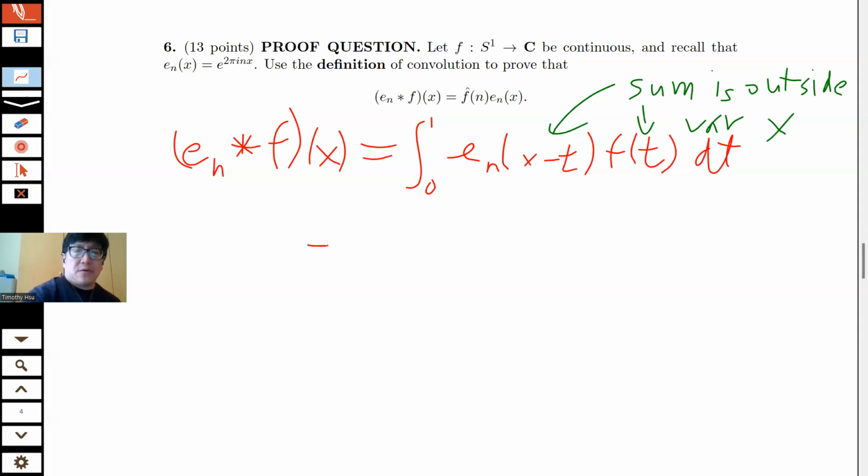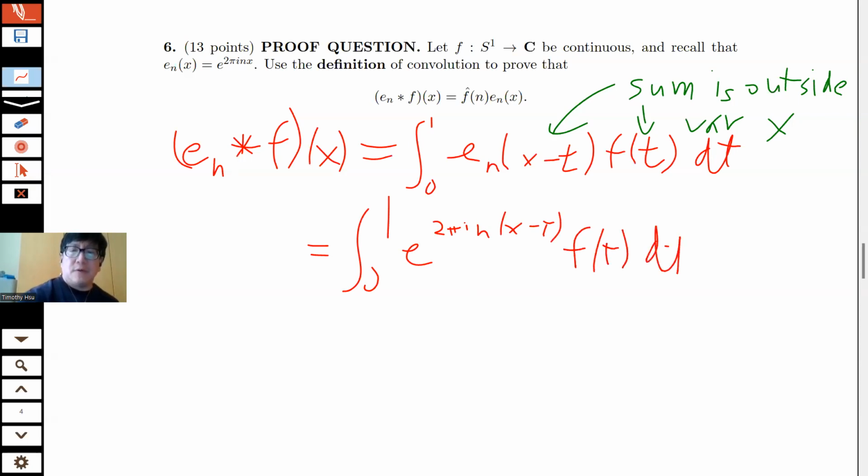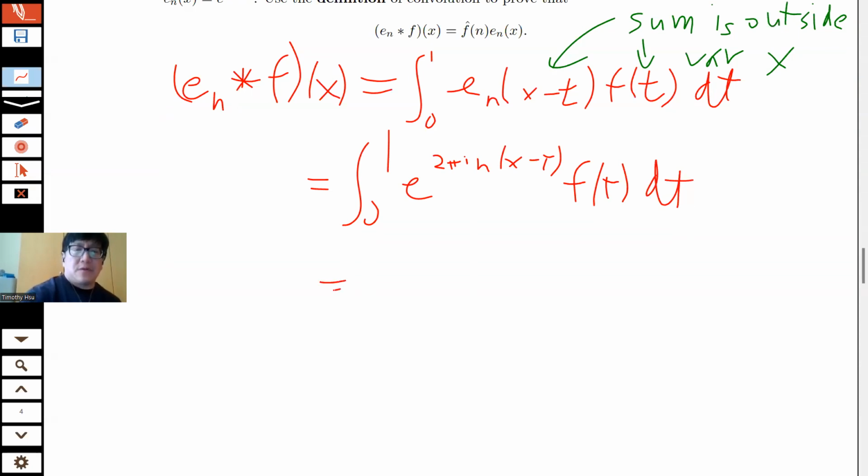Okay, so now this is the integral from 0 to 1 of e to the 2 pi i n (x minus t) f of t dt. And so this is equal to the integral from 0 to 1 of e to the 2 pi i n x times e to the minus 2 pi i n t times f of t.